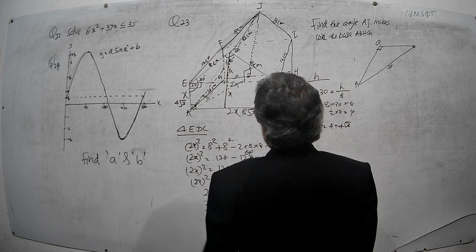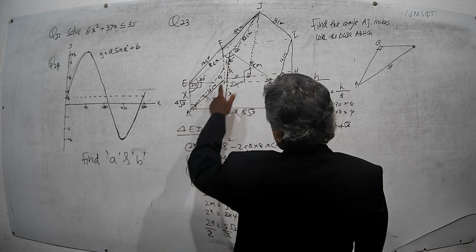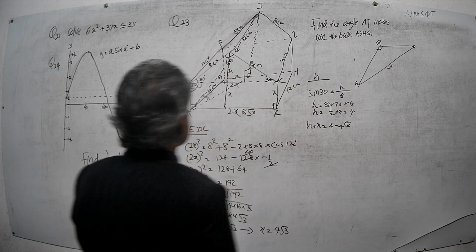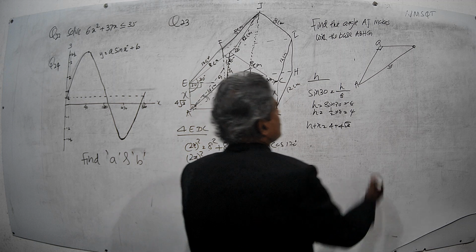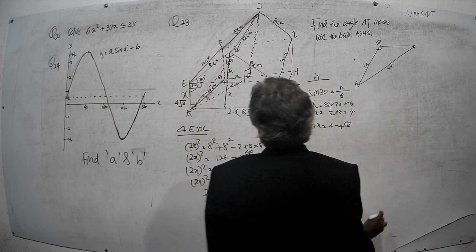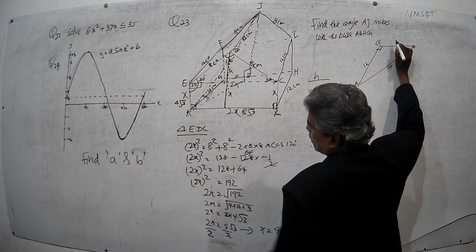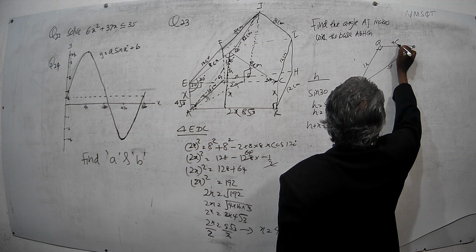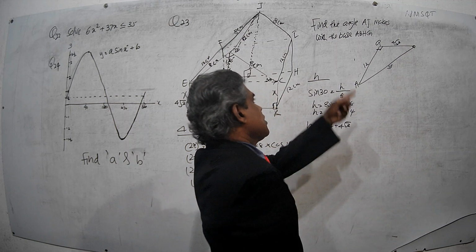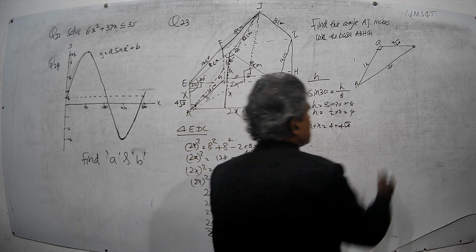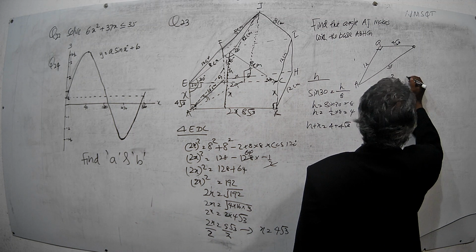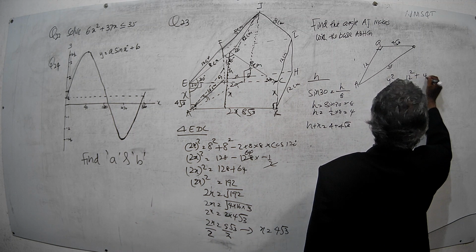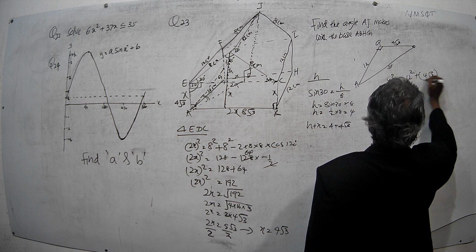AG is 12, this one is x, which we found as 4 square root 3. Using that we find y. Write the Pythagoras theorem: y squared equals 12 squared plus 4 square root 3, whole thing squared.